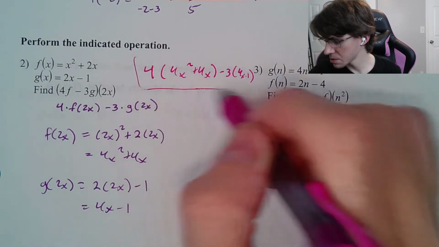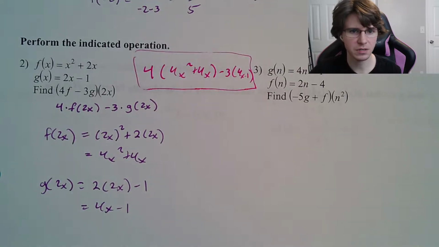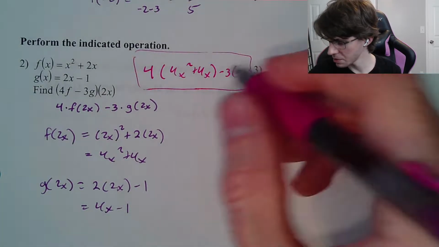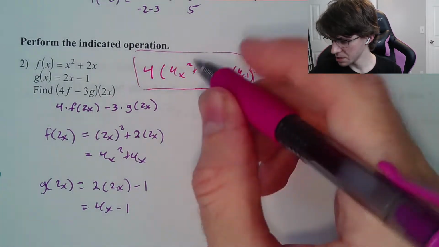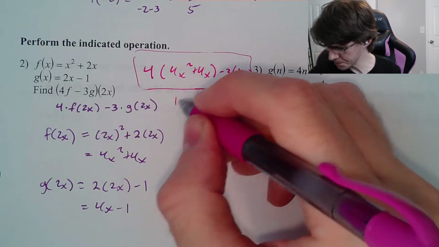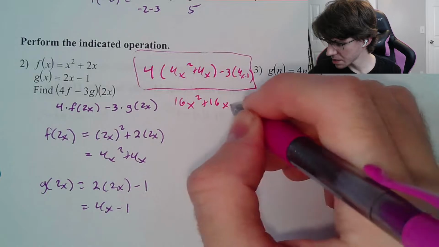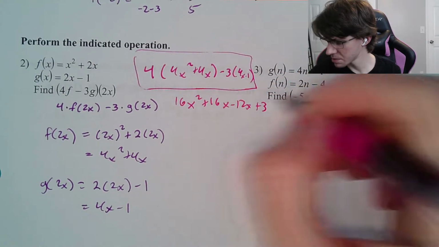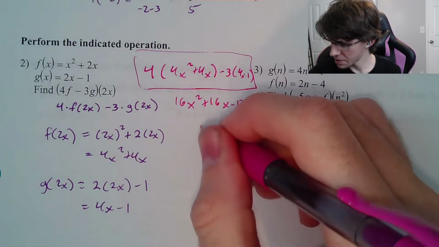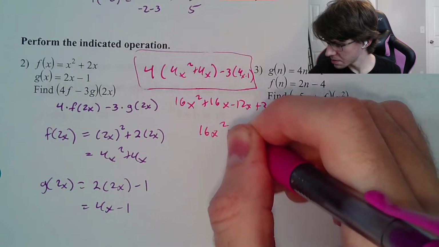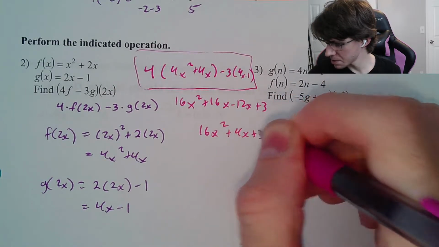By the way, remember, this could be full credit in quite a few classes. I'd probably accept that for full credit on the quiz, but it's a good habit just to get into simplifying it as much as possible. So 16x squared plus 16x minus 12x plus 3. Final answer of 16x squared plus 4x plus 3.